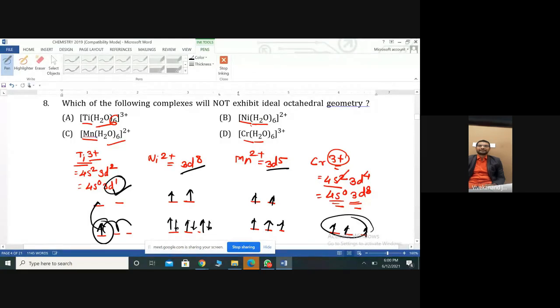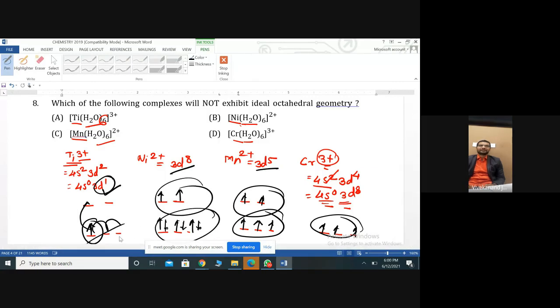Here we have the symmetrical distribution, everyone having one electron. Here also in each step we have one electron. Here also symmetrical distribution, but unsymmetrical distribution you can observe over here. And if we have unsymmetrical distribution, Jahn-Teller distortion comes into the picture, and your molecule will not appear as an ideal octahedral geometry.